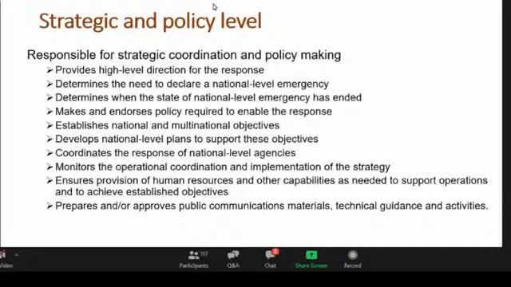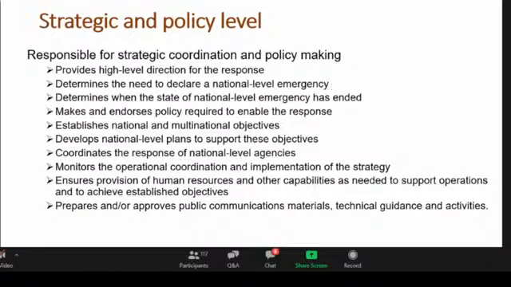At this level it is to provide high-level direction for the response, determine the need to declare a national level emergency, determine when the national level emergency has ended, make and endorse required policy, and establish national and multinational objectives. This is for all events, but specifically regarding the public health emergency, the same.